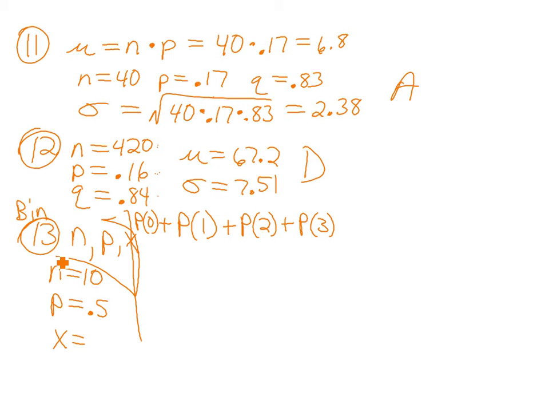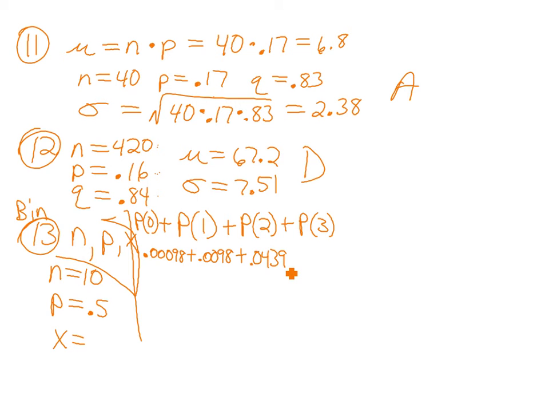We're going to add all those up, and what you're going to have to do is plug them into your calculator. When I did that, the probability of getting 0 boys out of 10 births is 0.00098. Probability of getting just 1 boy out of 10 births is 0.0098. Probability of getting 2 boys out of 10 births is 0.0439.